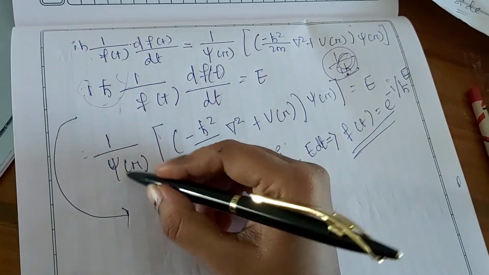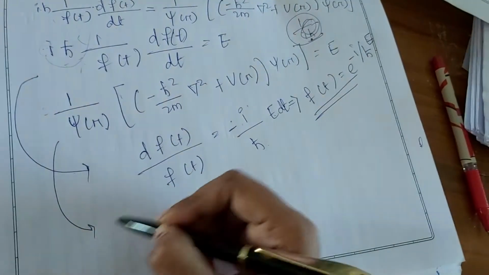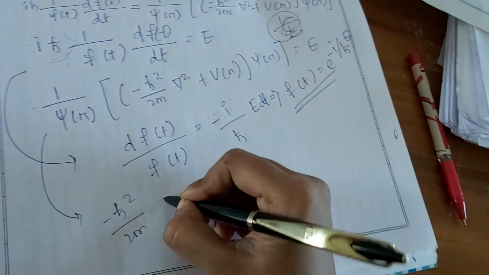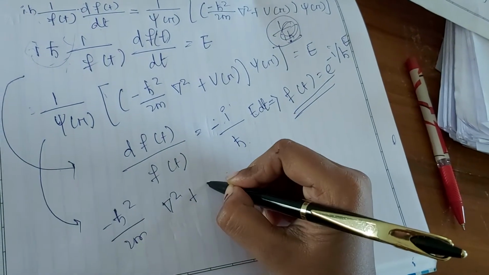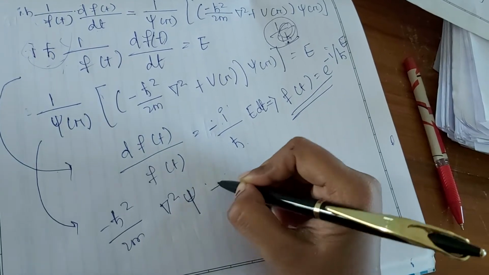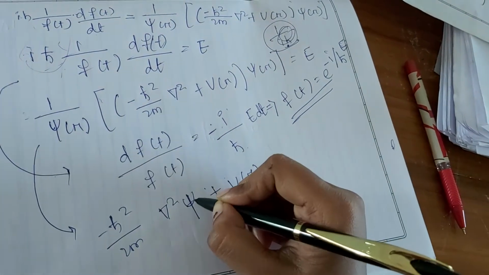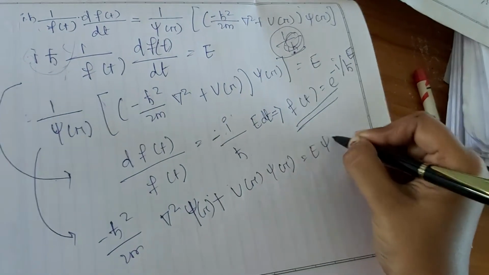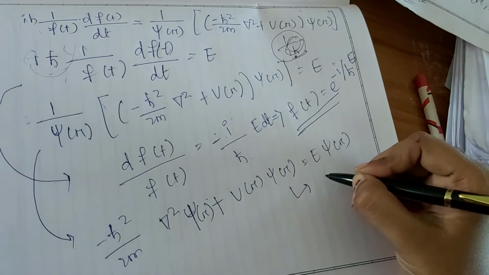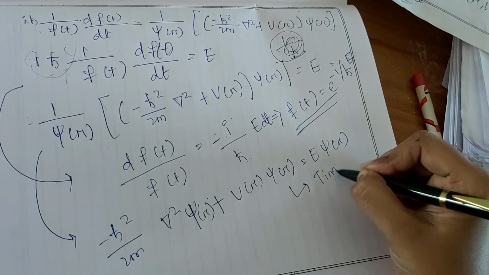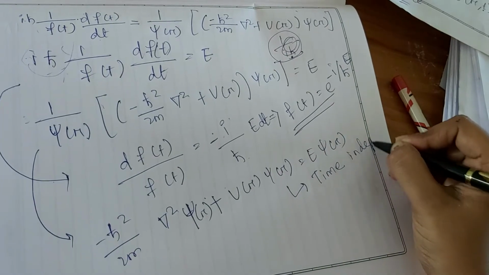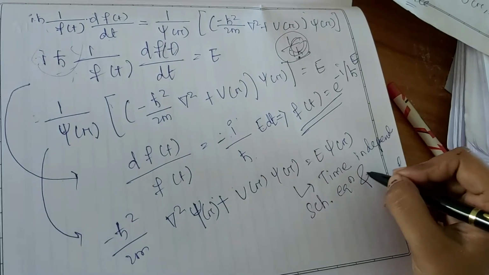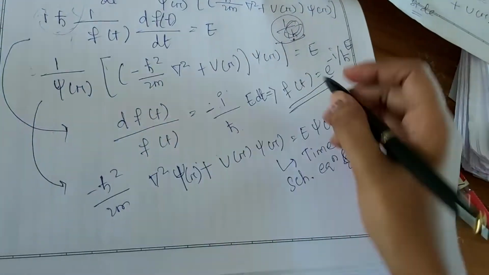And this one also equals E, so this equation becomes minus h cut square by 2m del square plus u r, this is a function of r only, psi r is equal to E psi of r. This is the time independent Schrodinger equation.